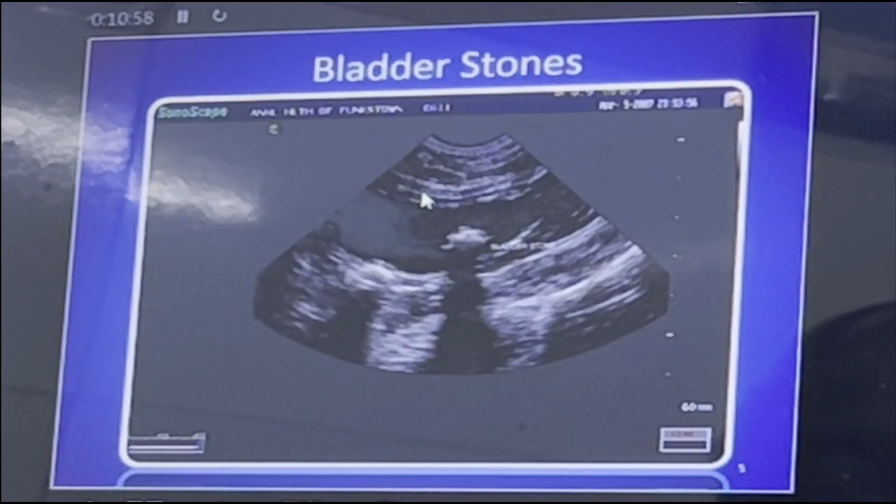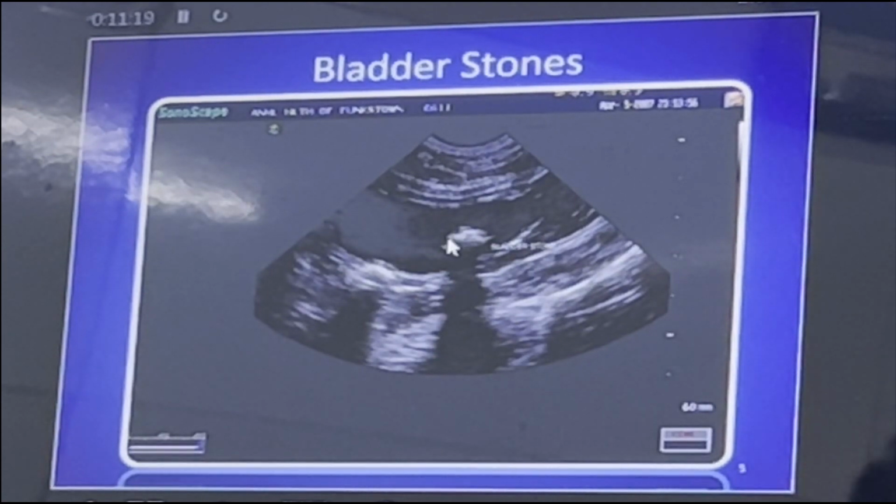What you see in this picture, there is something echogenic here, and behind this is the shadow. This is very important. This is a urinary bladder stone. You can see it very nicely without any confusion. You can detect the stone in the urinary bladder.